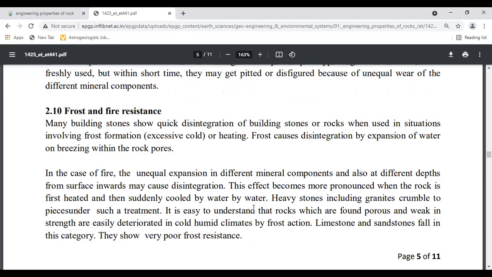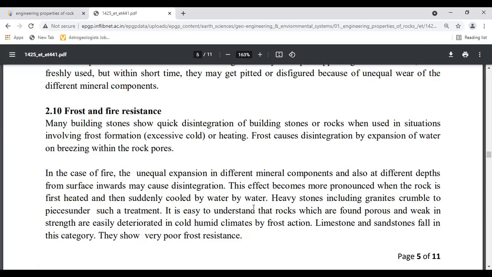In the case of fire, the unequal expansion in different mineral components, and also at different depths from the surface inwards, may cause disintegration. This effect becomes more pronounced when the rock is first heated and then suddenly cooled by water.